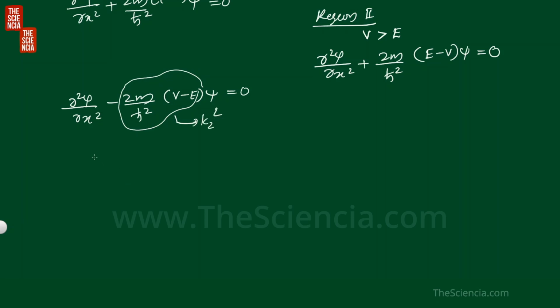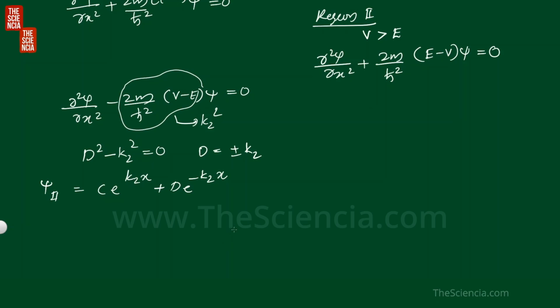So this is a second order differential equation, D square minus k2 square equal to 0, and the solution is D equal to plus or minus k2. So the wave function psi in region 2 will be equal to c e raised to k2 x plus d e raised to minus k2 x.